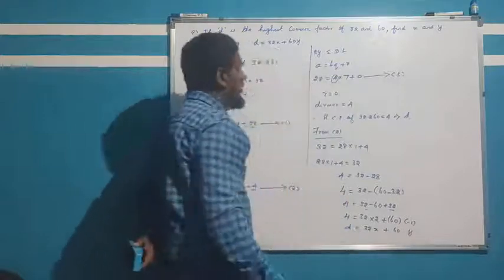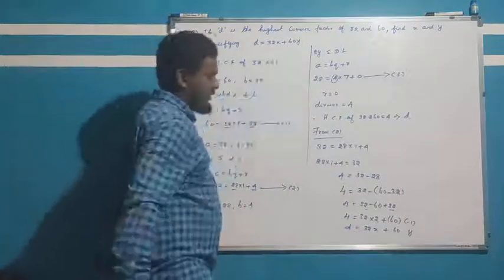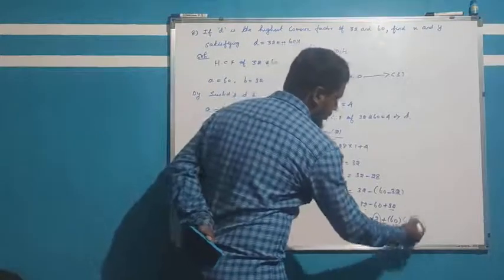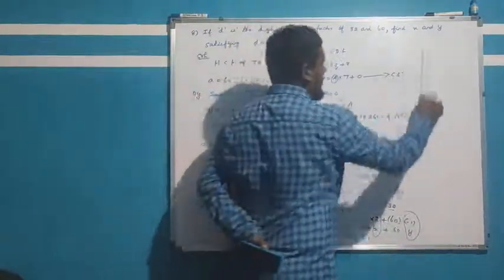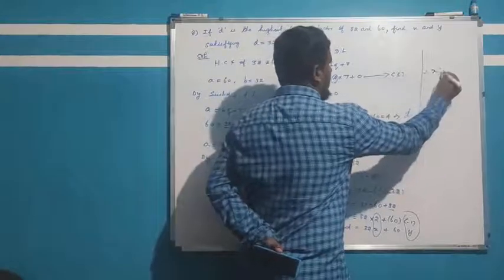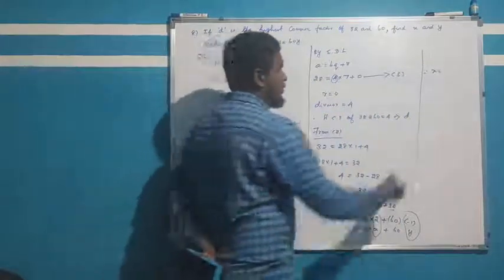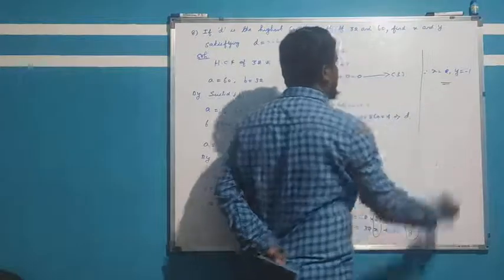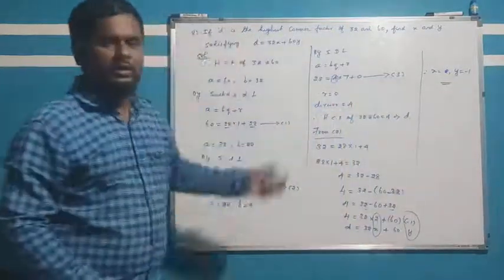Now look, what is the value of x? What is the value of y? Therefore x equal to 2, then y equal to minus 1. In this way we can satisfy the equation.